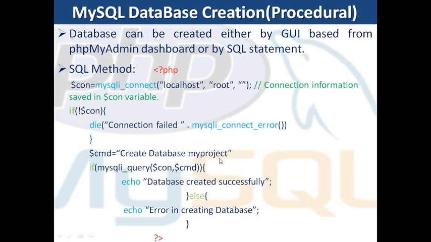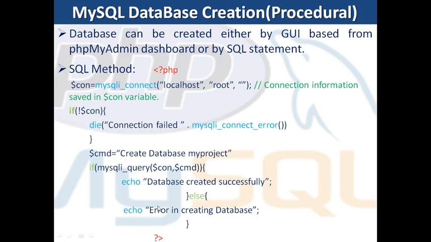We can use any name. We'll use my project or PHP project, and then we will try to execute this SQL statement over this connection. It means this SQL statement is executed on this server. So it will create a database.